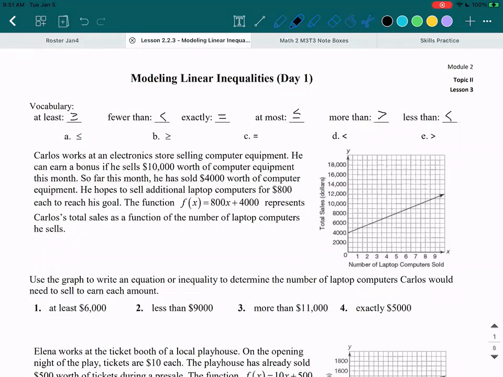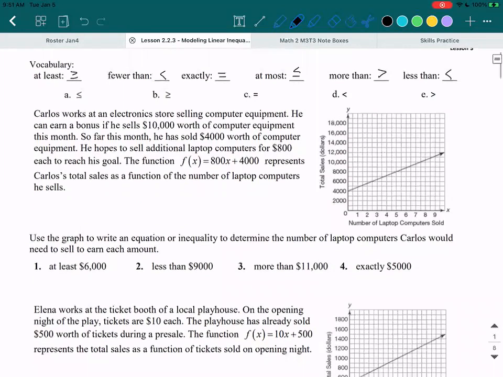Use the graph to write an equation or inequality to determine the number of laptop computers Carlos would need to sell to earn each amount. So if Carlos wants to earn at least $6,000, let's take a look. If you want at least 6,000, you're going to use the symbol for at least.